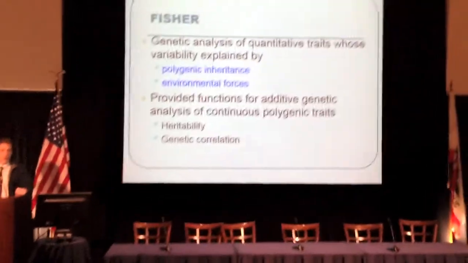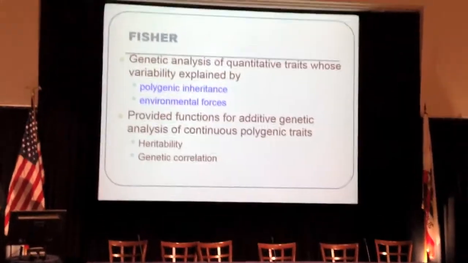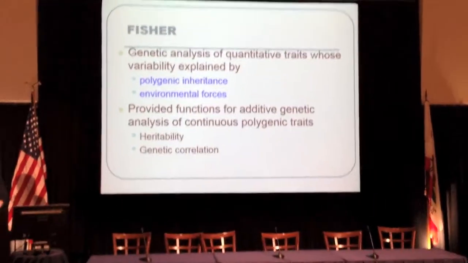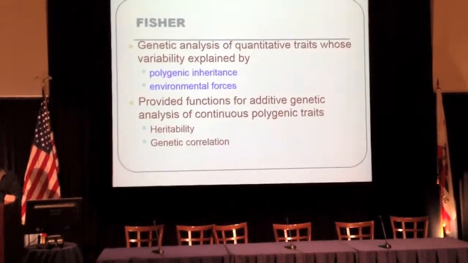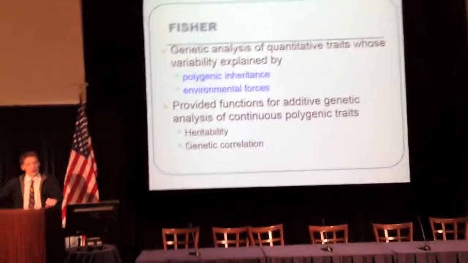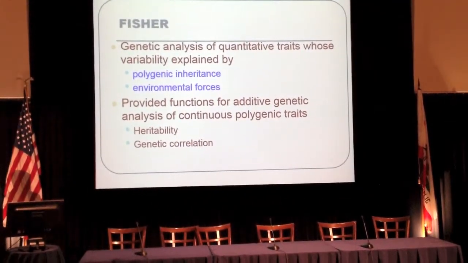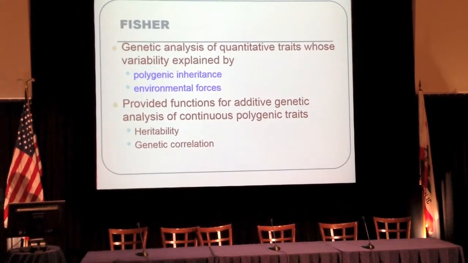Fisher is the genetic analysis of quantitative traits, specifically to perform variance component modeling of the polygenic inheritance and environmental factors. And it provided the functionality for calculation of heritability and genetic correlation.